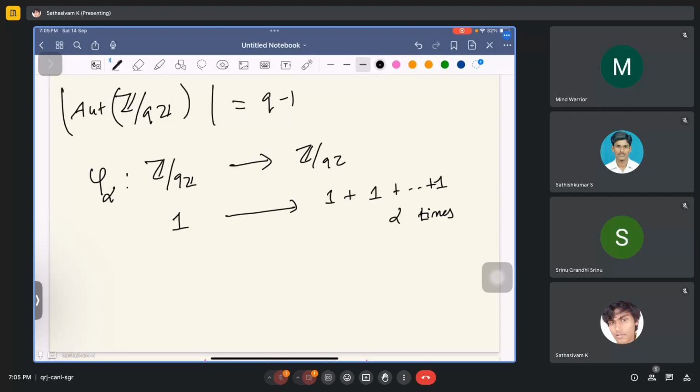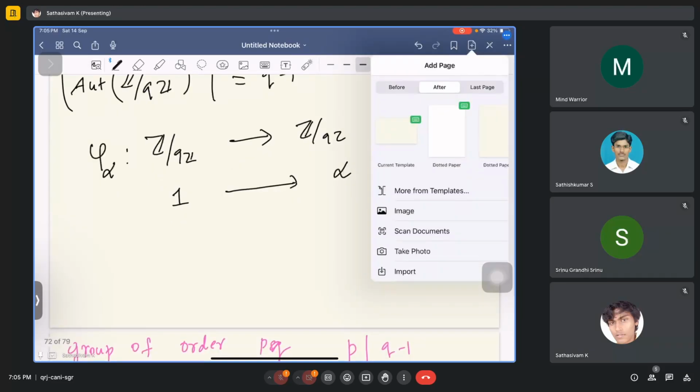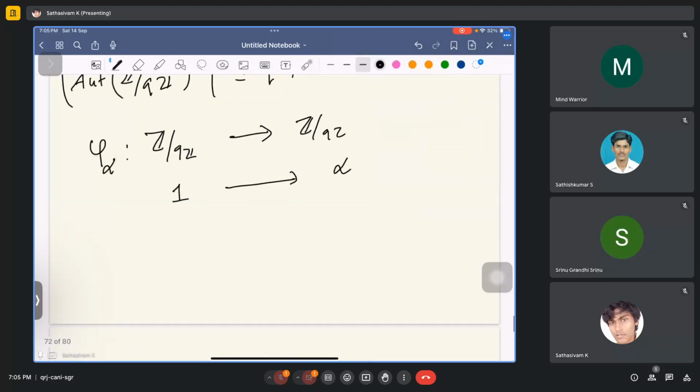Or in other words, this is the map 1 to alpha. And you can prove phi alpha is an automorphism.